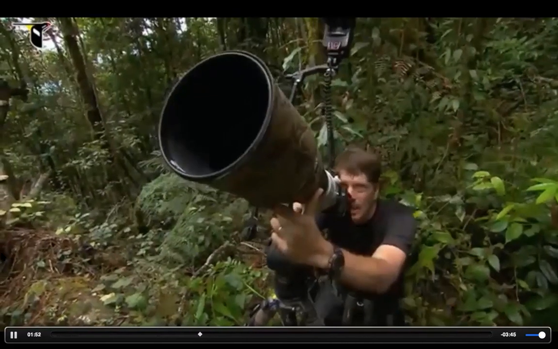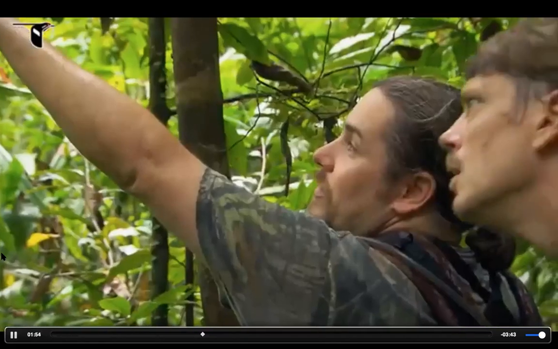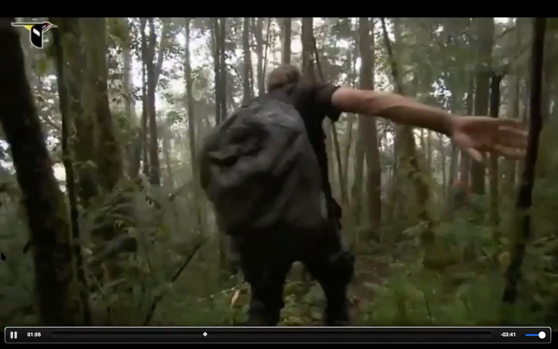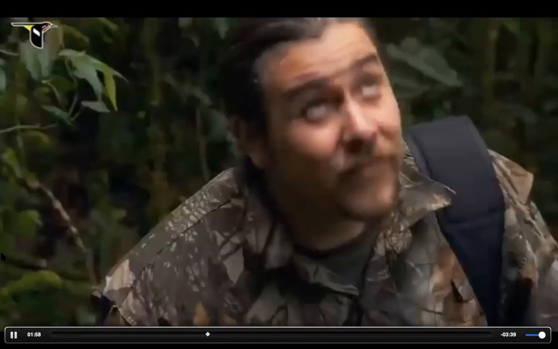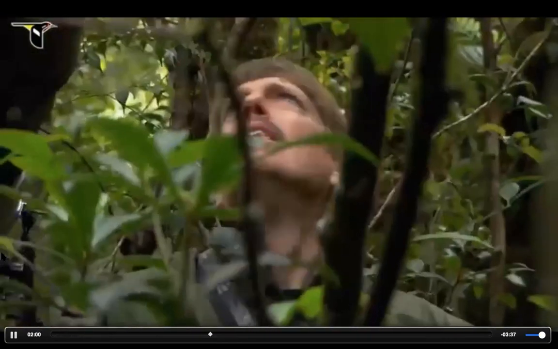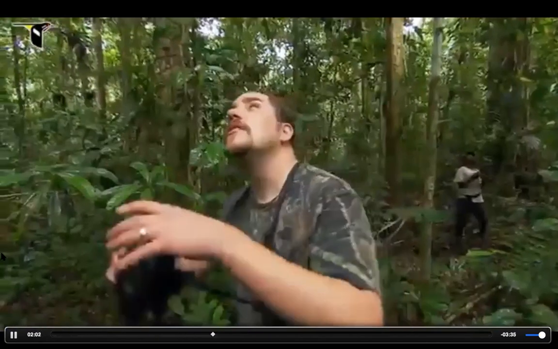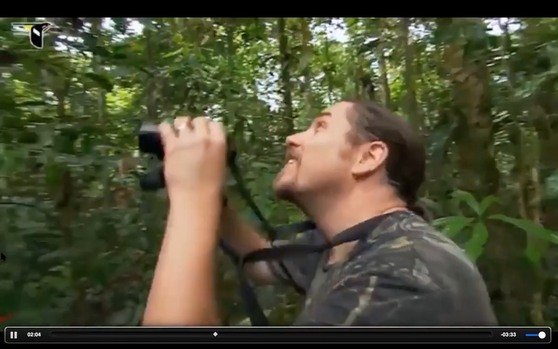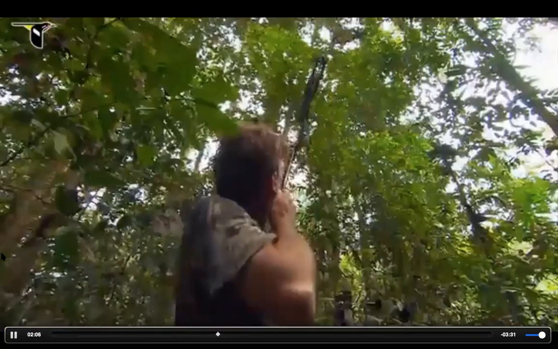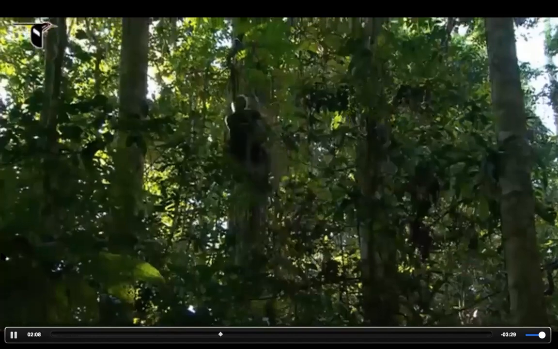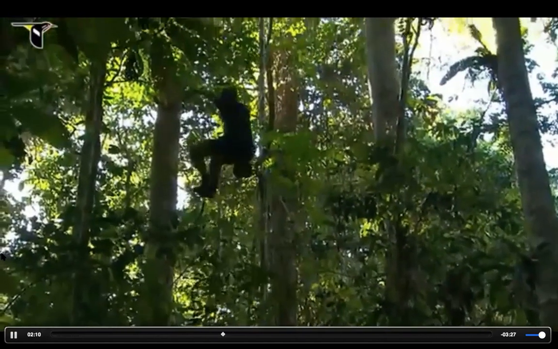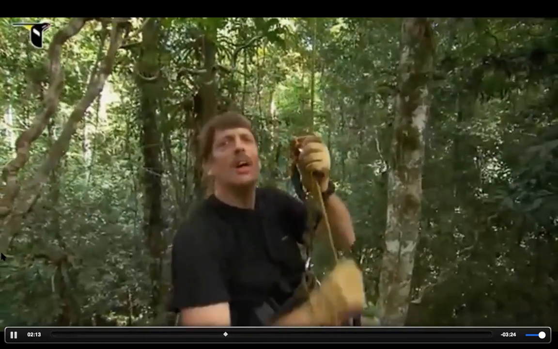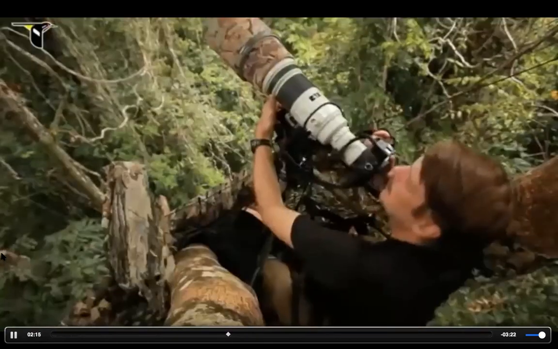Evolutionary biologist Ed Scholes and wildlife photographer Tim Laman have spent the better part of a decade trekking into this isolated wilderness in pursuit of all 39 species of these miraculous birds. The only way to see a king bird of paradise is to climb up into the trees where they live, so I'm heading up to my platform.